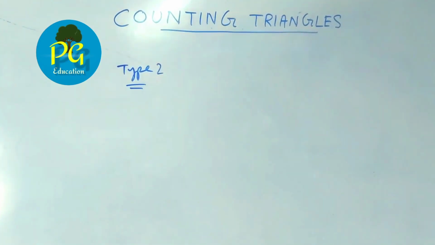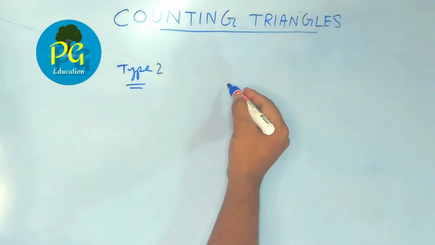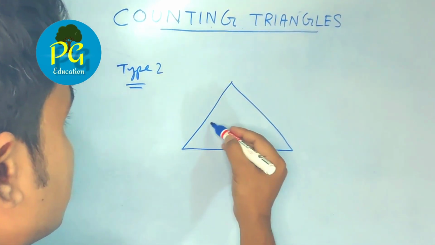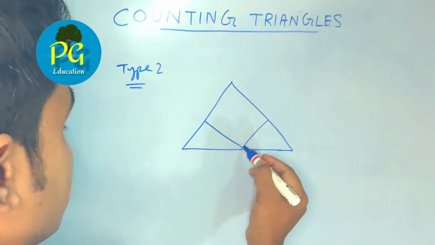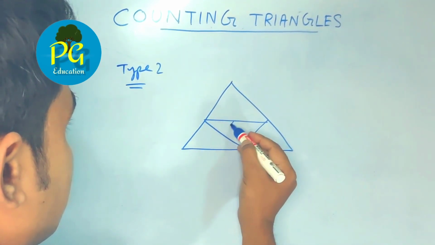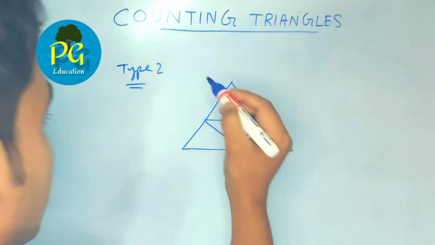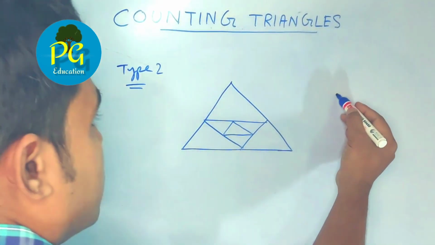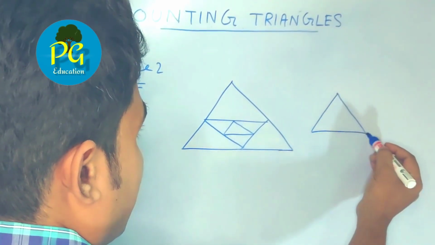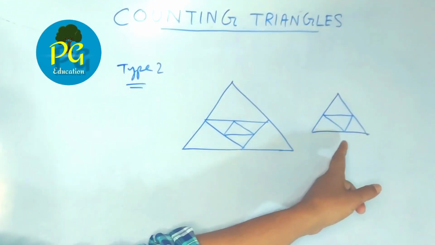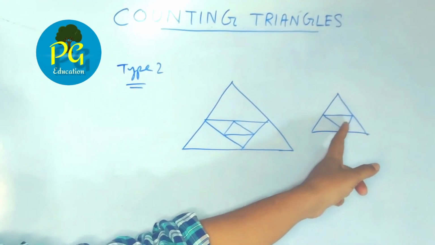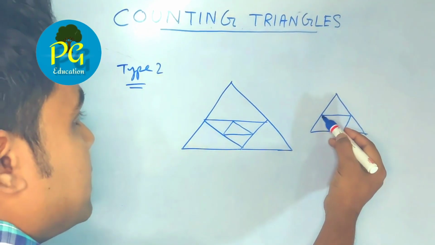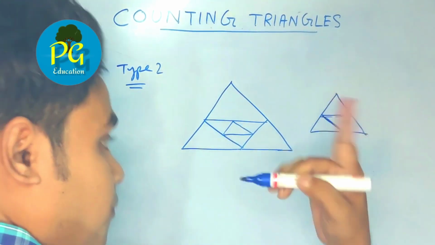Now if I ask you how many triangles are there, then always remember, for this diagram, if a triangle is there inside a triangle, then for this triangle you have to count 4 triangles.